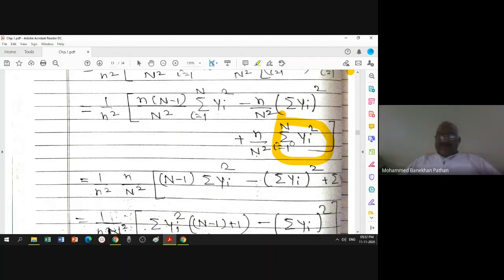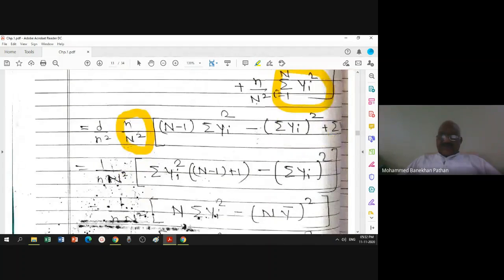I repeat again, this n upon n square, n upon n square, n upon n square totally out here. So this is n minus 1 sum of y square minus sum of total y square plus sum of y square here. You can make the correction in your notebook.